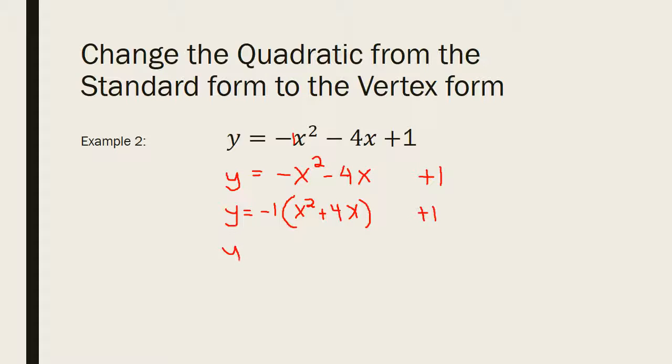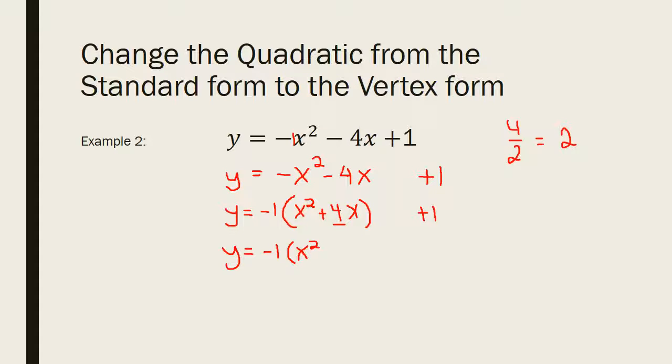So now all I need to do is think about the number that I want to put inside with x squared plus 4x to have a perfect square. As we said before, we take the middle number of the trinomial, which is 4 in this case, and divide that number by 2, which gives me a 2.